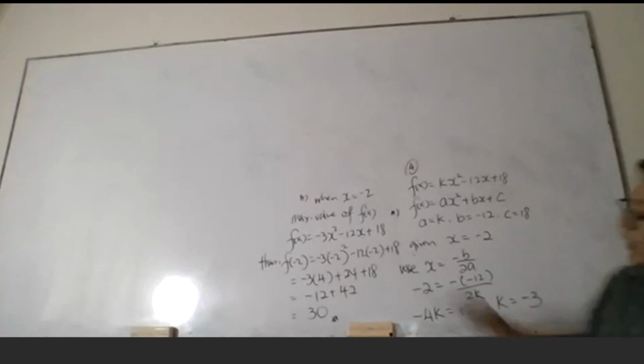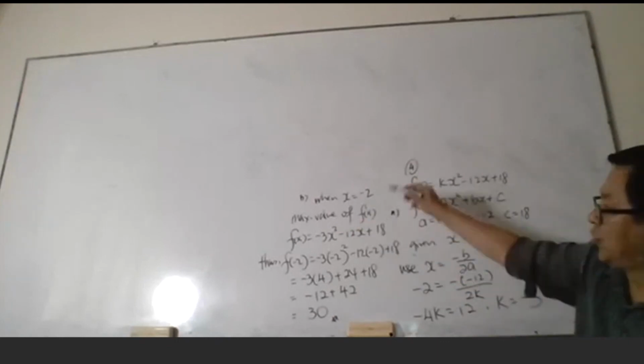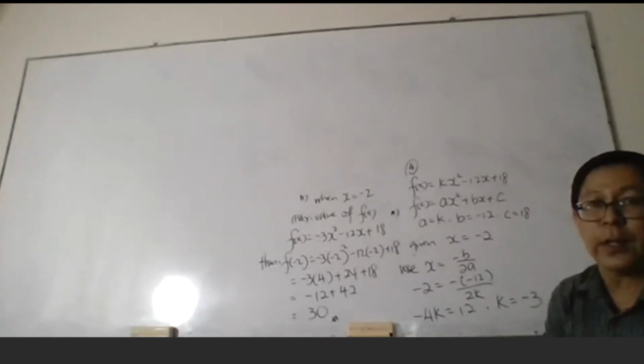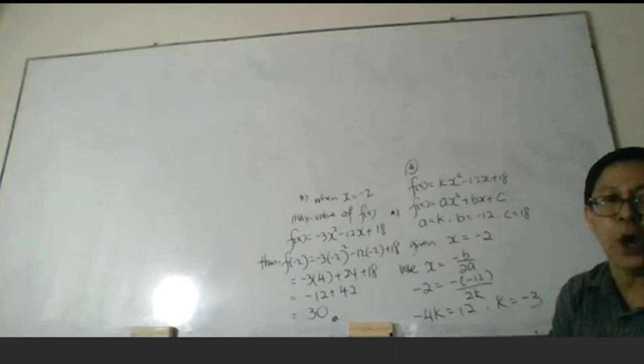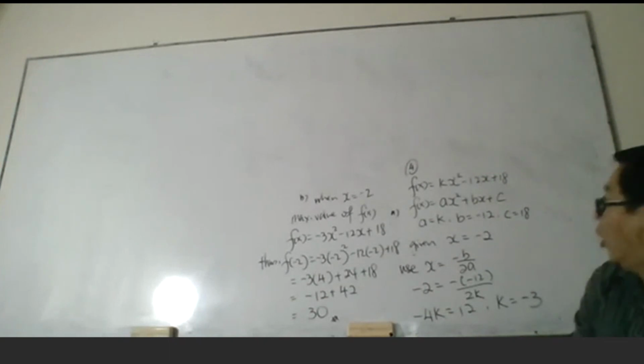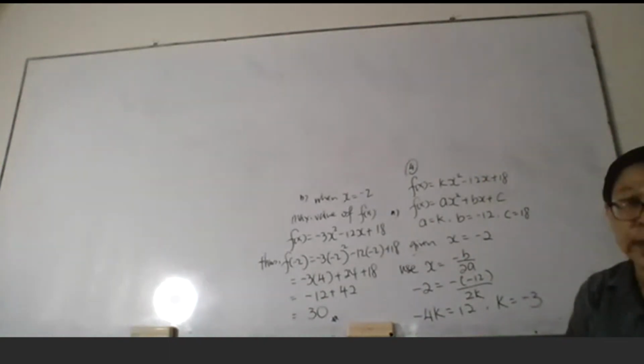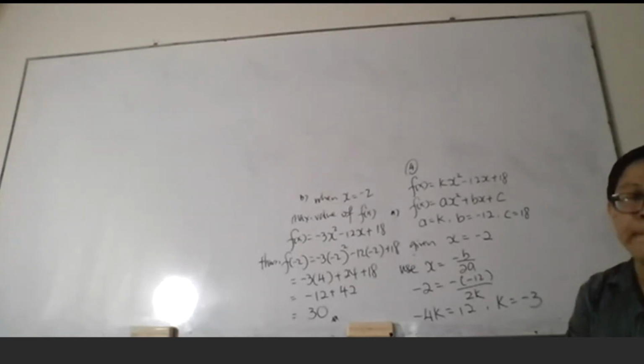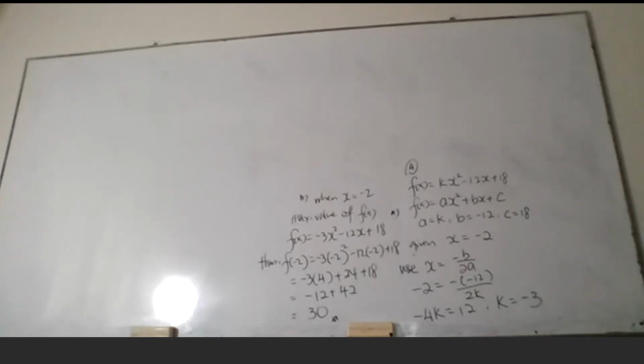In order to find the maximum value, we just put -2 into that. We have not involved the method of completing the square at all in this question. Can you see that? I think we'll release your burden, release your suffering from the method of completing the square. Please jot down the answer, and I will finish the last question for today.